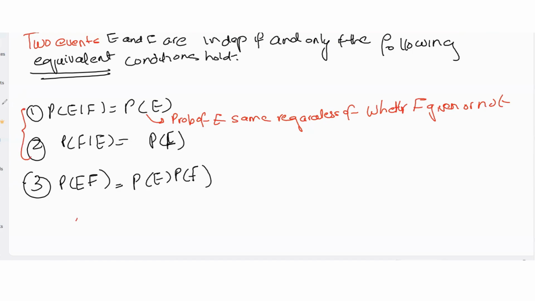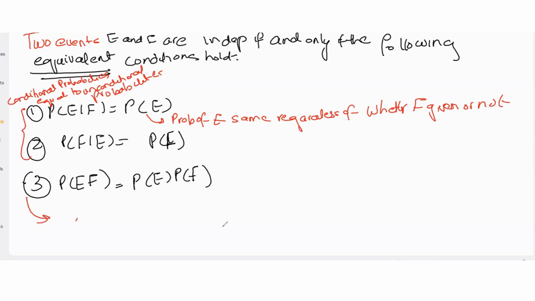This condition says that conditional probabilities are equal to unconditional probabilities.